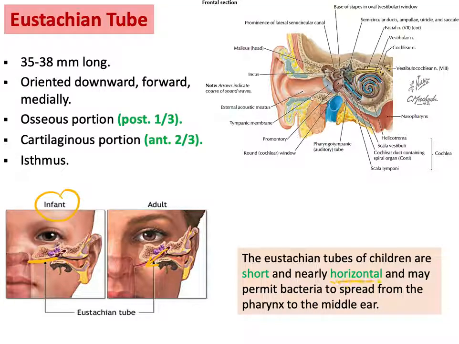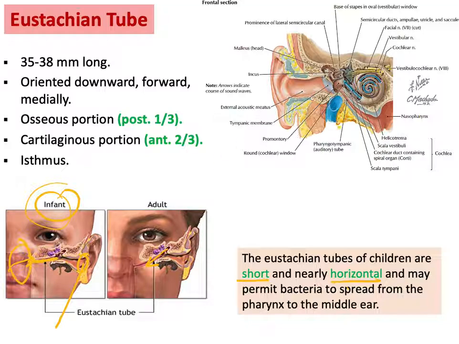It's not just horizontal, but also short, which permits the spread of bacteria and infection from the nasopharynx to the middle ear, and most of the time, especially in infants and children, it is the source of the infection that ultimately leads to otitis media, or inflammation of the middle ear.